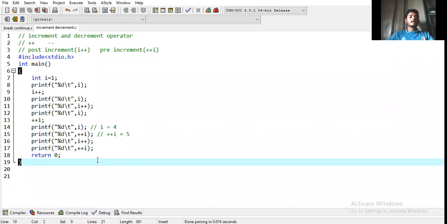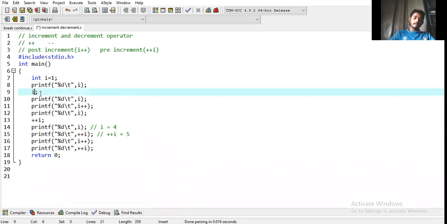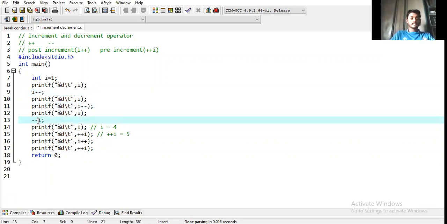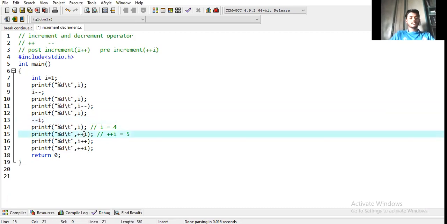Okay, so whatever I have told you now was totally on the increment operator. Now, the decrement operator is very similar to this. That is simply minus minus, minus minus, and here also minus minus.